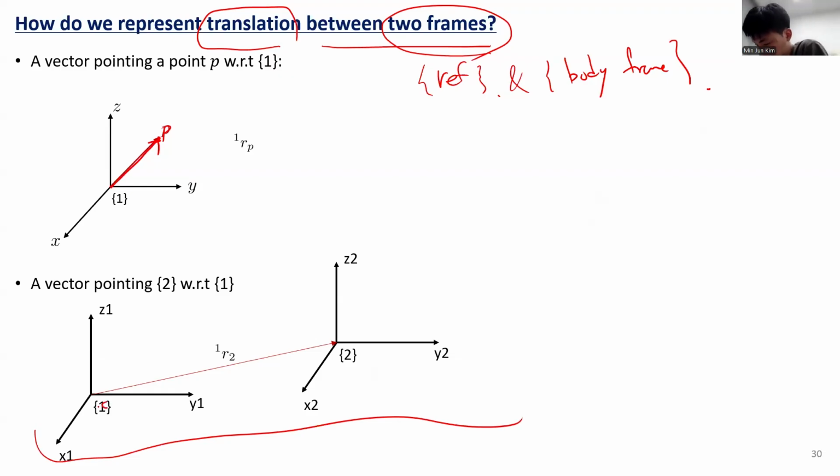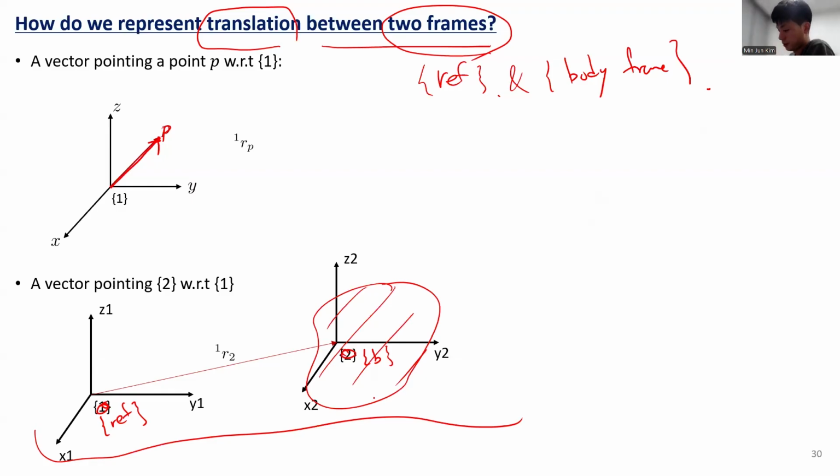Let's say this is the reference frame, and this is a body frame. There's a body. The reference is fixed on the world, and the body frame is fixed on the rigid body.